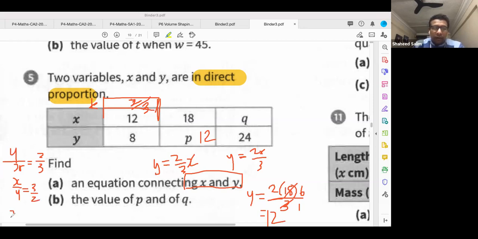So you bring it over, X equals 3Y over 2. So 3 times 24 over 2. Inshira says it's 36. Let us see whether she's correct. 24 over 2 is 12, and the answer is 36.